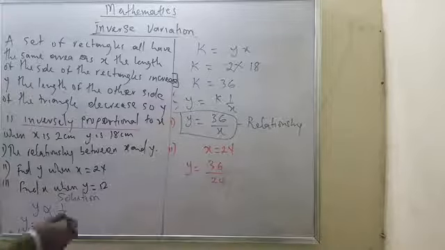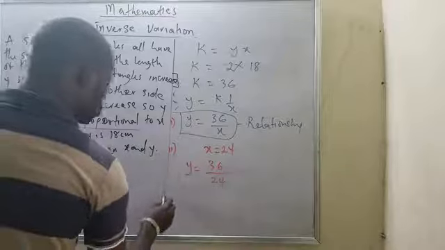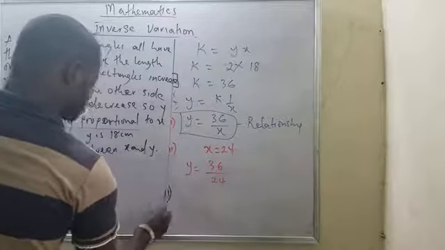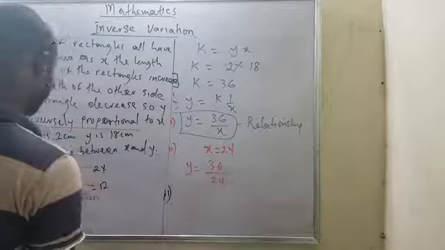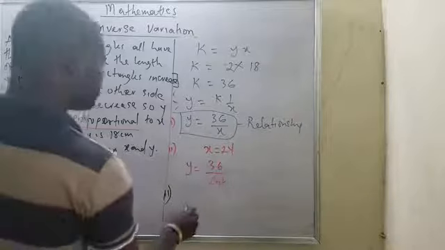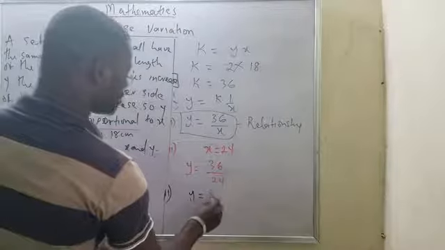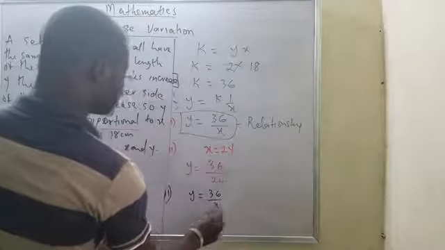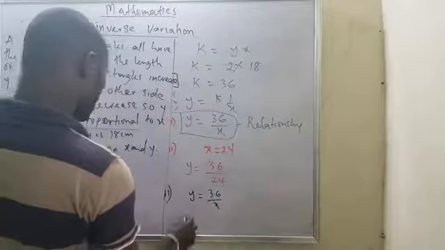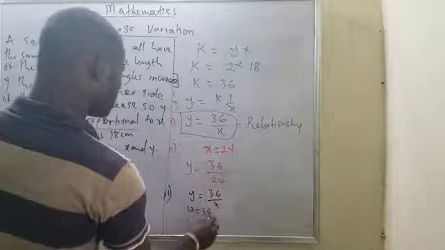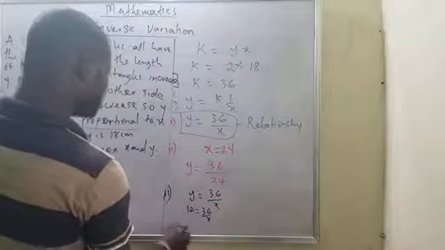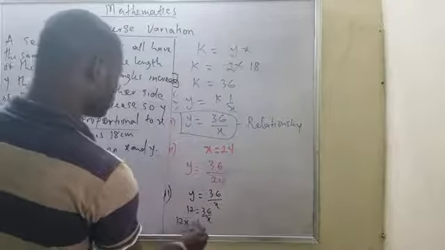Now I can move on to number 3. I'm asked to find x when y is 12, so y equals 36 over x, and y is 12, so 12 equals 36 over x. It means 12x equals 36, so x equals 36 over 12, which is 3.